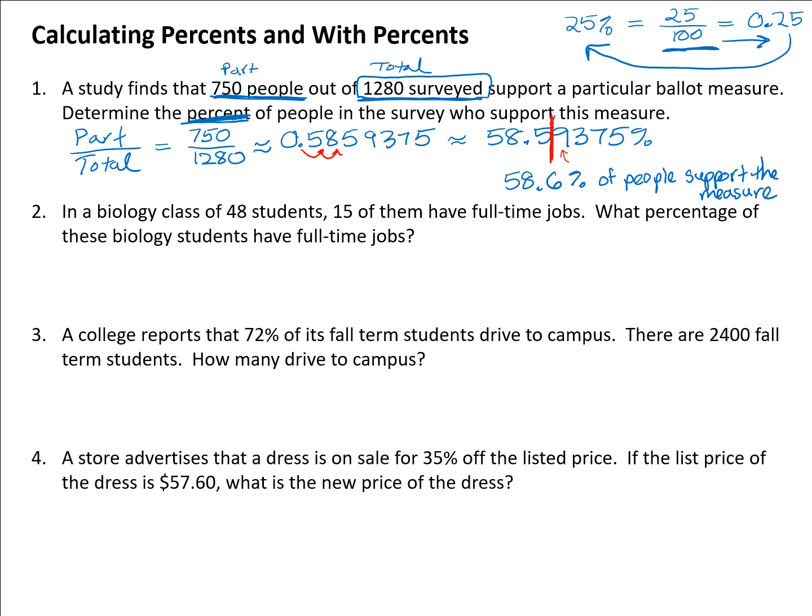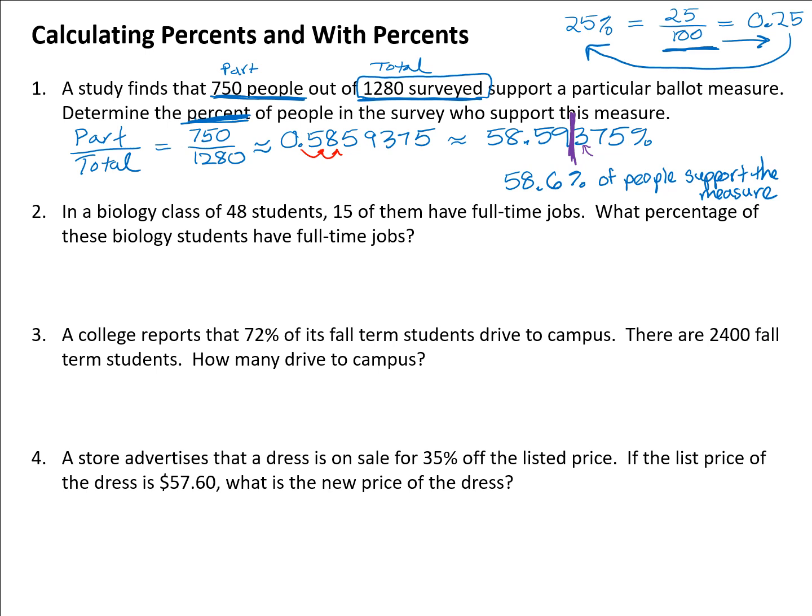Now, I chose to round at the first decimal place, but you may have a problem in your homework that asks you to round at a different place. Let me give an example. If I had been asked to round at, say, two decimal places, 58.59, what I would look at, again, is the number that comes after that boundary line, the 3.